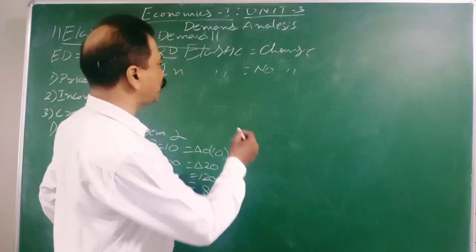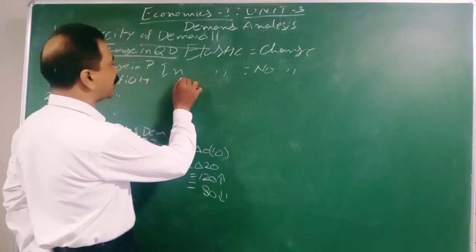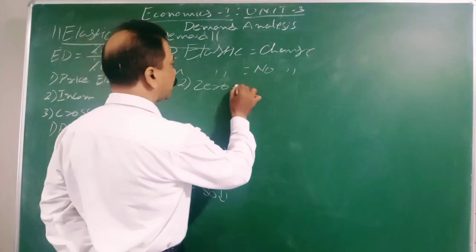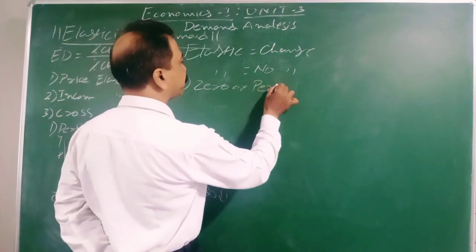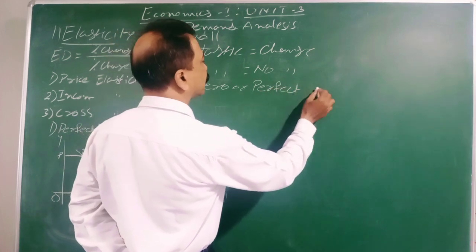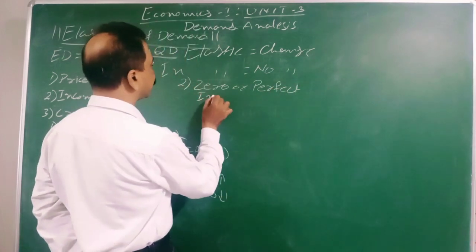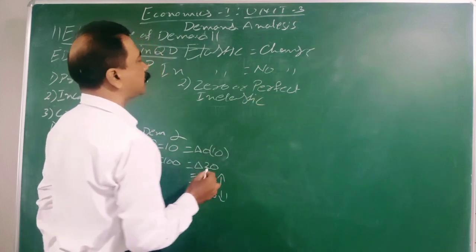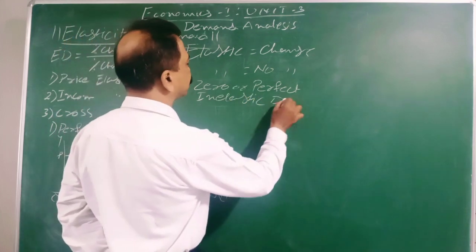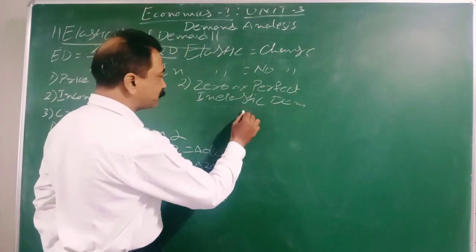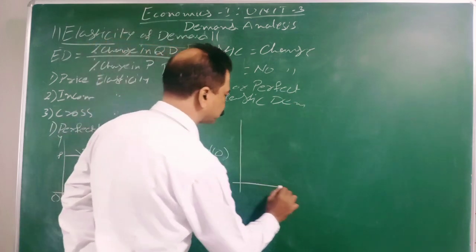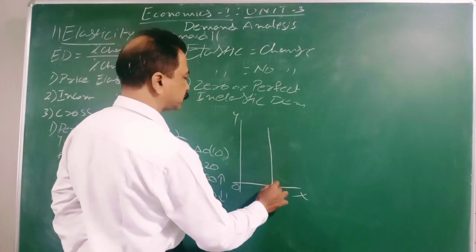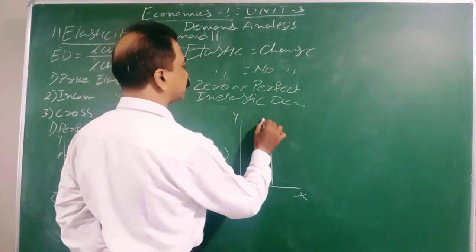Okay, now let me show you that graph. The second one is zero or perfectly inelastic demand. The graph will be something like this. See here, zero elastic.